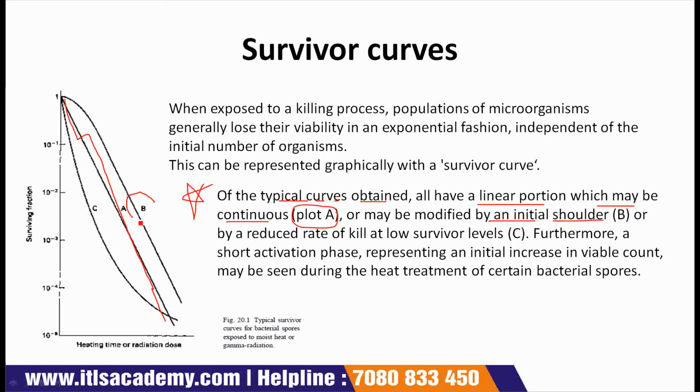In graph B you can see it is modified by an initial shoulder, or by a reduced rate of kill at low survivor levels, like this is graph C. Furthermore, a short activation phase representing an initial increase in viable count may be seen during the heat treatment of certain bacterial spores.